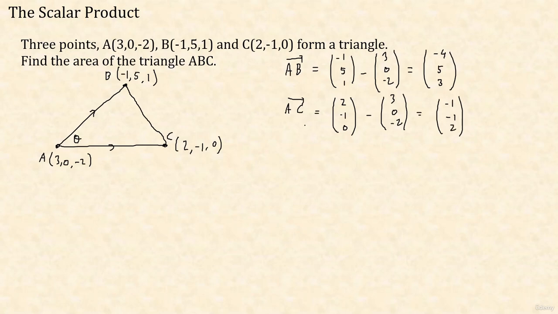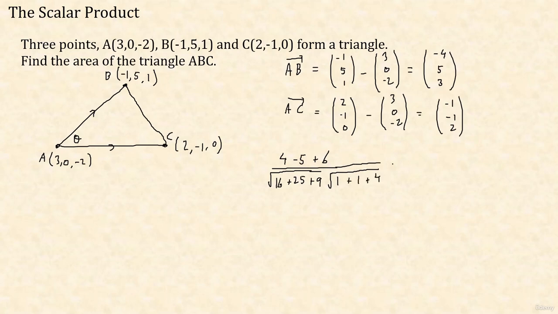So I can now just use the dot product to find the angle between these. When I dot these together, I get negative 4 times negative 1 is 4. 5 times negative 1 is negative 5. And 3 times 2 is 6. So that's AB dot AC. Divide that by the modulus. The modulus of the first one is the square root of 16 plus 25 plus 9. And the modulus of AC is the square root of 1 plus 1 plus 4.